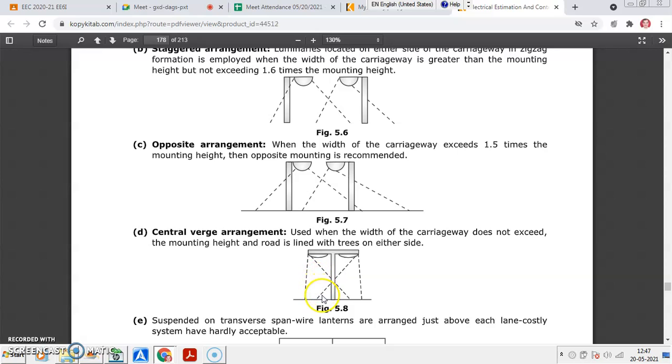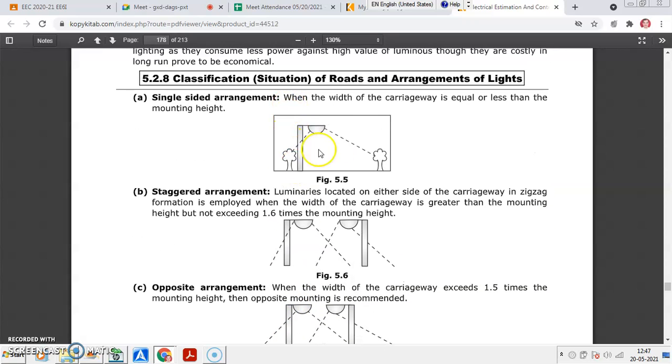It is used where the width of the carriageway does not exceed the mounting height, and the road is lined with trees on either side. That is also a provision. Normally here you have trees on either side of the road.